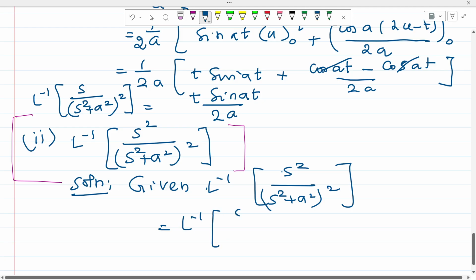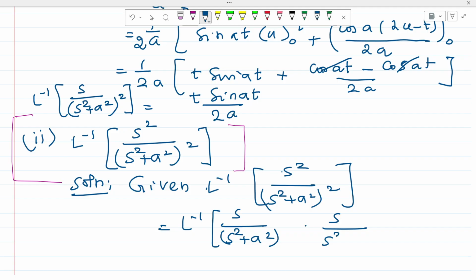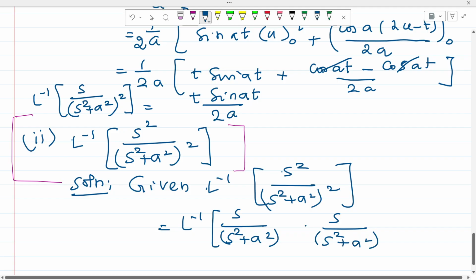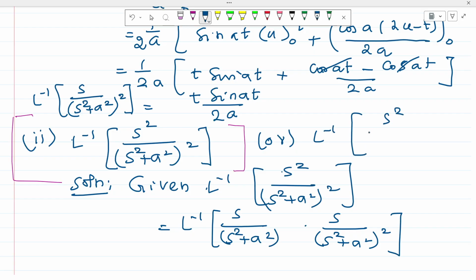L inverse of s divided by s square plus a square, s divided by s square plus a square. The same problem can be given as L inverse of s square divided by s square plus a square, s square plus b square. Sometimes may be given like that. Only a and b is changing.